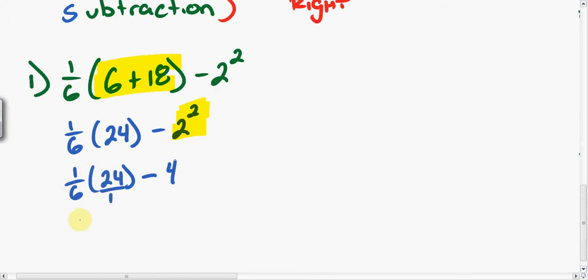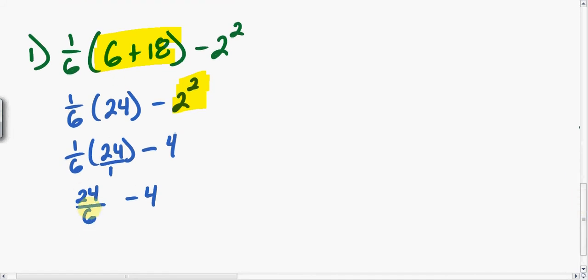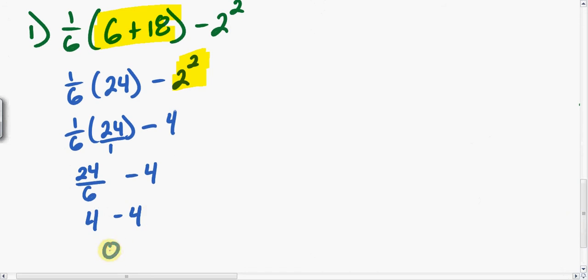So 1 times 24 is 24, 6 times 1 is 6, minus 4. 24 divided by 6, well, that's 4. And 4 minus 4 is 0. So we've successfully evaluated this problem using order of operations.